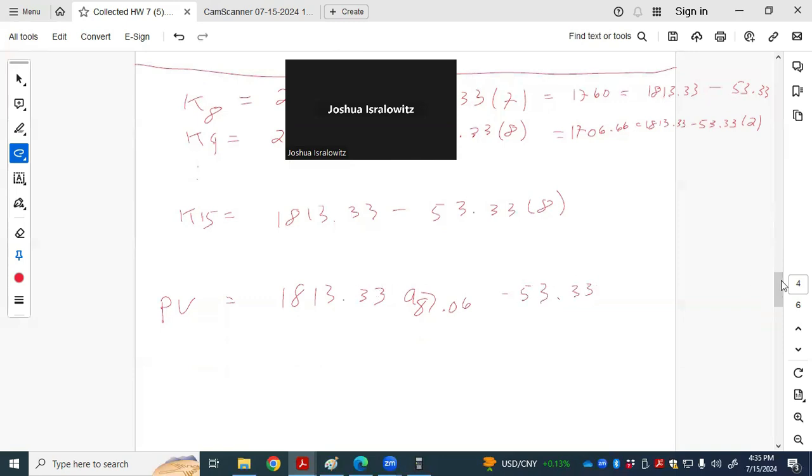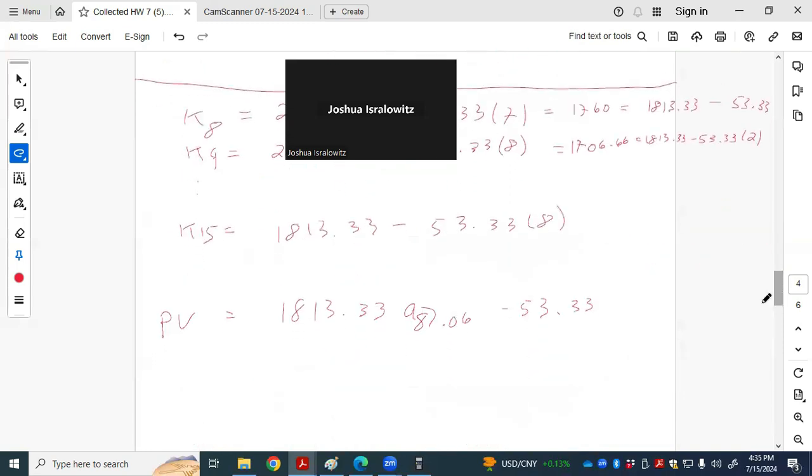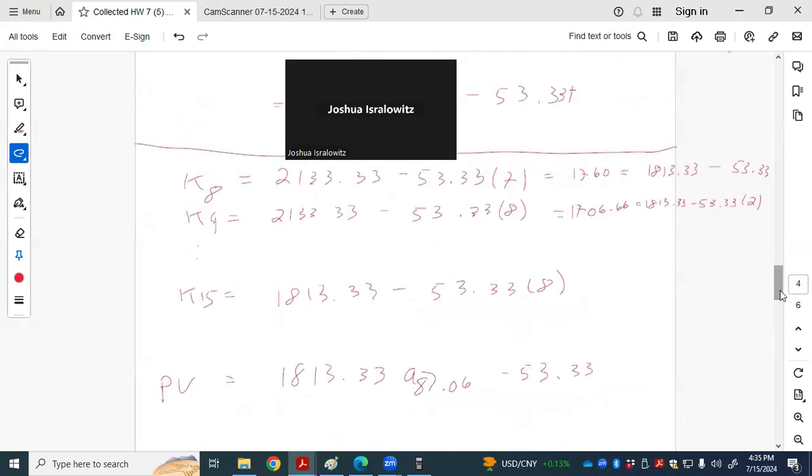Minus, I'll do it up here. So this is 1813 with the 3s continued on infinitely. So same thing with the 53.33. When I actually do the computation, I'll do 5 decimals. Why not? Sorry. So this is an increasing annuity.